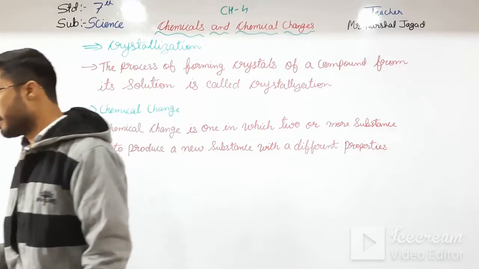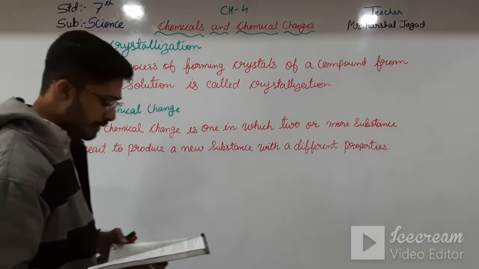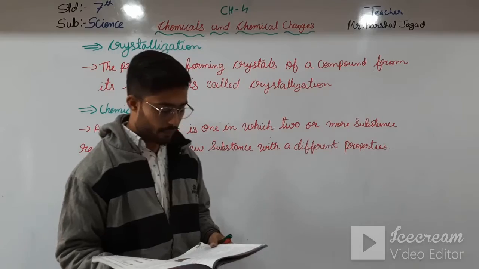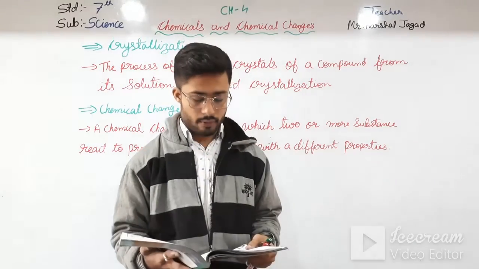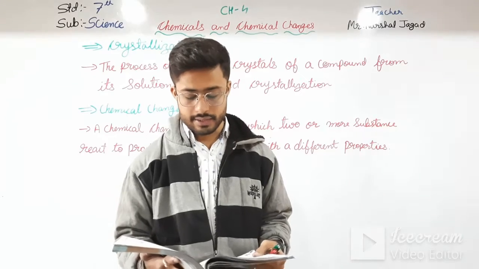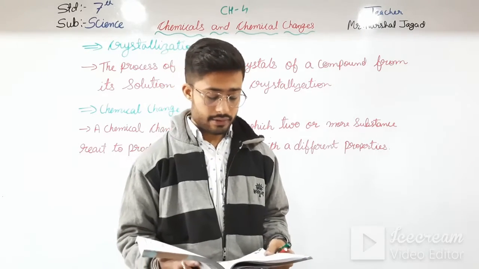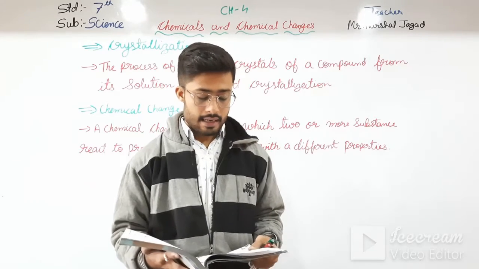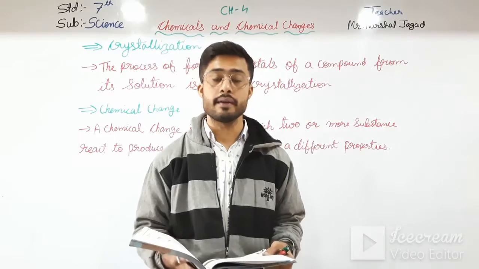Now here, in this case there is a change in the chemical composition of a substance or substances. In order to produce a new substance, chemical changes are also called chemical reactions. Chemical changes are permanent changes.